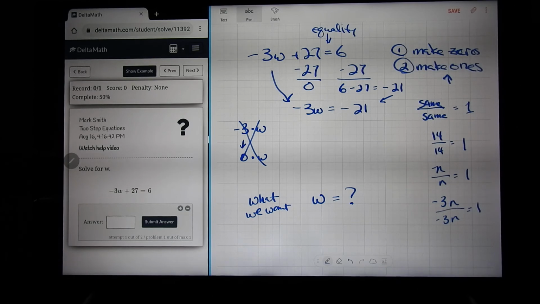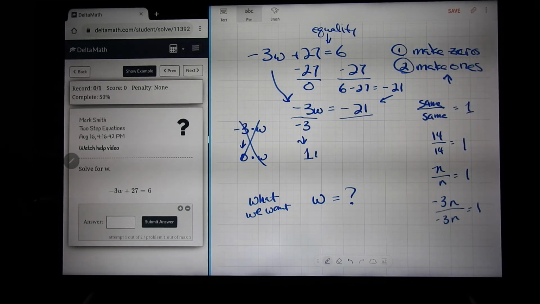Okay, so what should we do over here? Do we want to divide by negative 3w? If we do, that'll change the whole thing into 1, and it'll say 1 equals negative 21. That's not going to work. So in this case, all we do is divide by negative 3, because negative 3 over negative 3 gives us a 1.